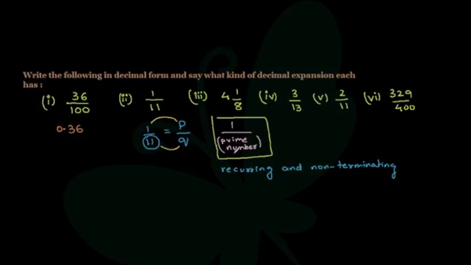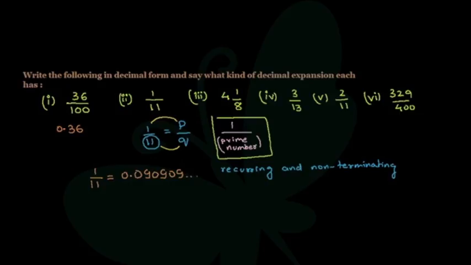Yes, exactly. So by the way, what is 1 upon 11? 1 upon 11 is basically, let me write that here for you, 0.0909909 and it continues like this.